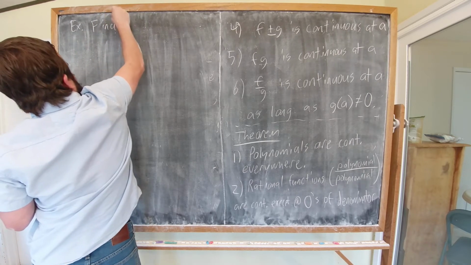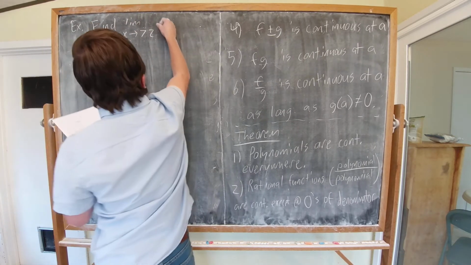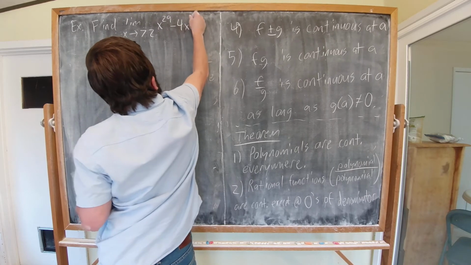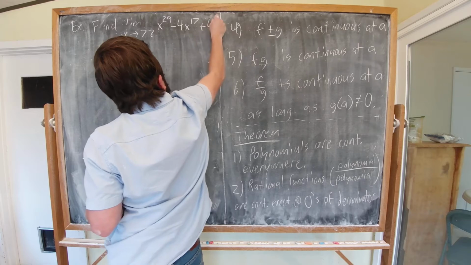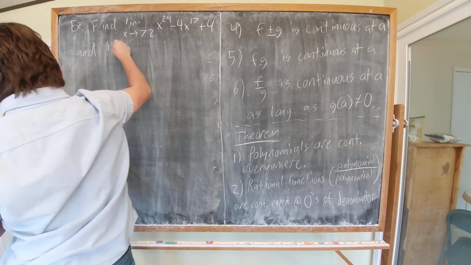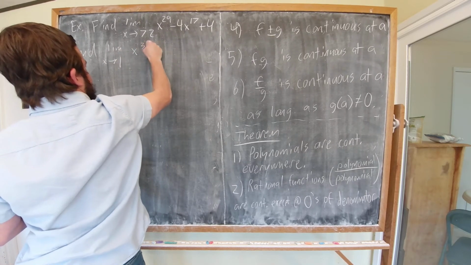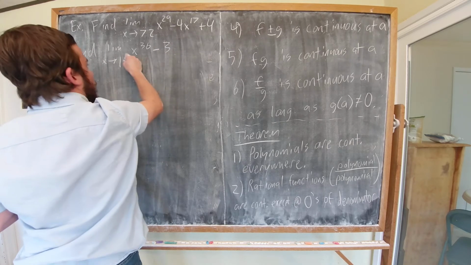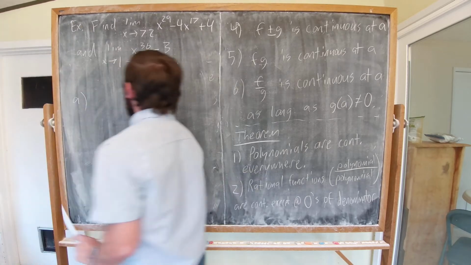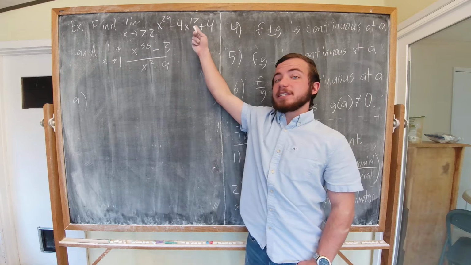Let's find the limit as x goes to 72 of x to the 29th power minus 4x to the 17th power plus 4, and the limit as x goes to 1 of x to the 36th minus 3 over x squared minus 9. Alright, first limit. Well, this is a polynomial, so it's continuous everywhere.